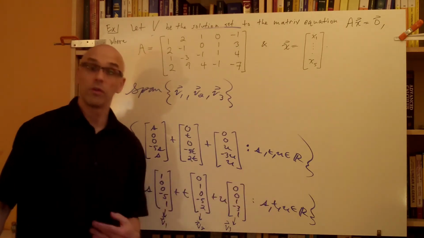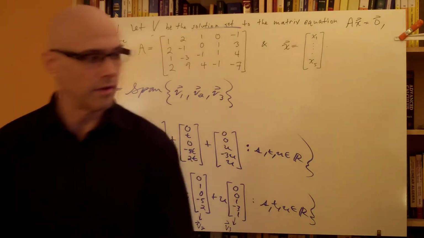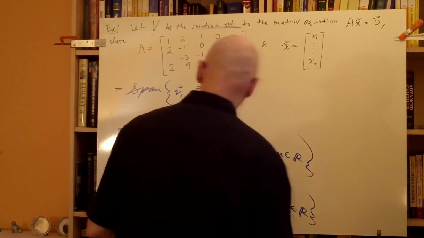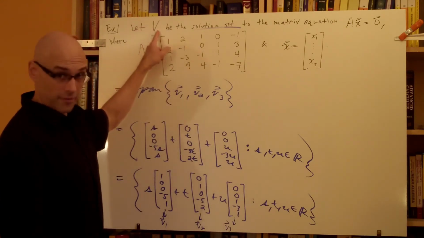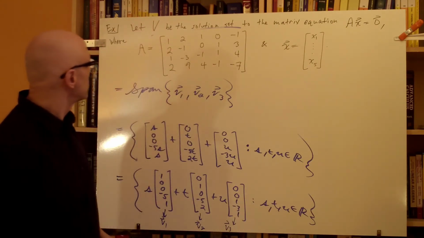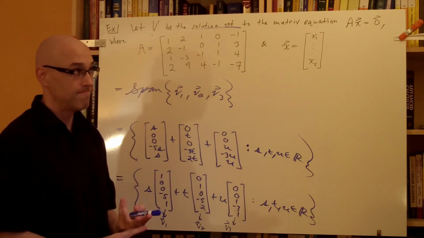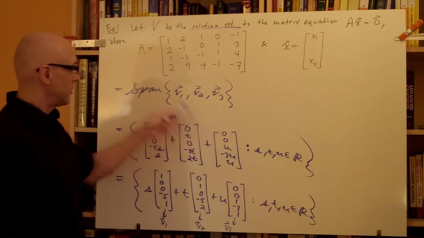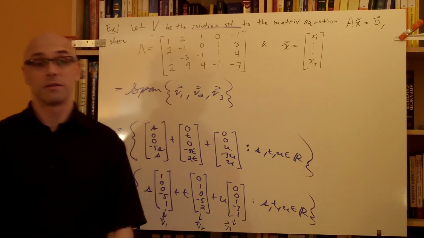This is the set of all the linear combinations of these three vectors. A basis for V has to be a spanning set that's linearly independent. Okay, well, we just found a spanning set. So if these three vectors are linearly independent, this will be our basis.